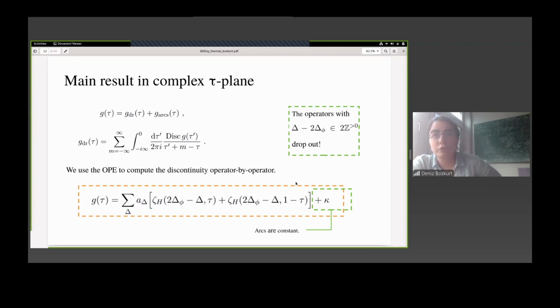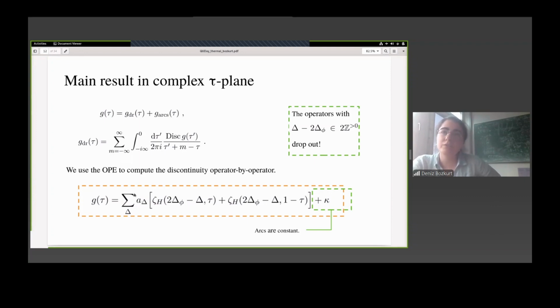And then we can also show separately that whatever arc contributions we were missing can only be a constant term. And this is the description of the thermal two-point function on the complex tau plane.